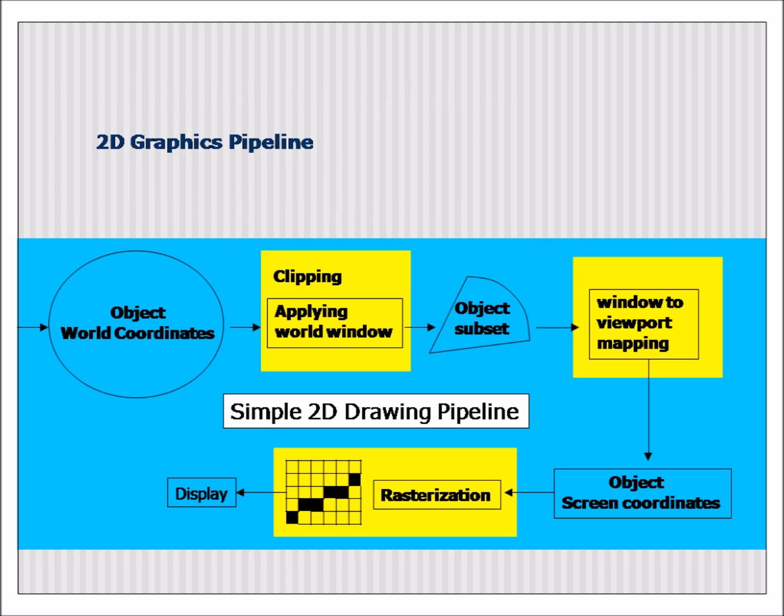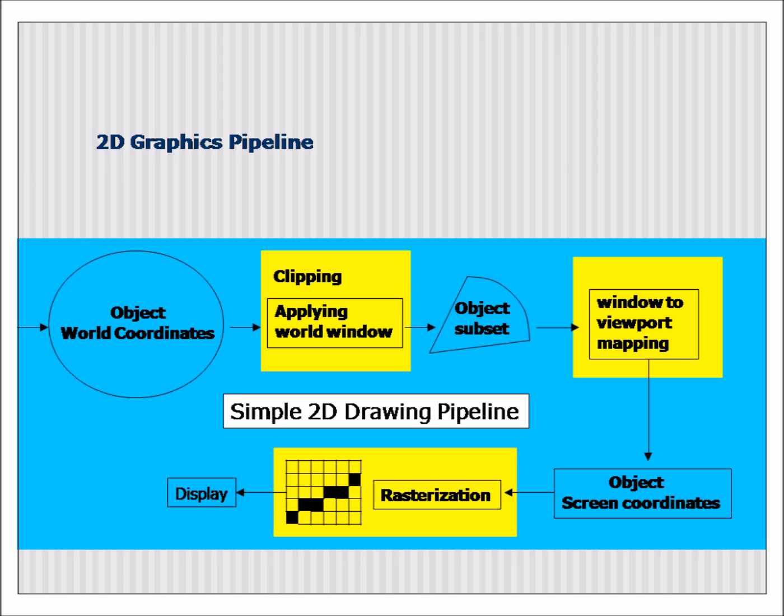Dear students, here is the 2D graphics pipeline which we have discussed in detail in our previous lectures, and it is also known as the rendering pipeline. Here in this slide, the concept is once again depicted in a flow diagram in order to recall it in your mind.